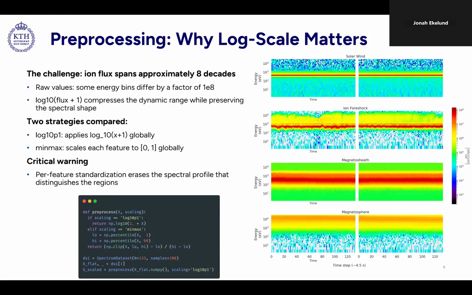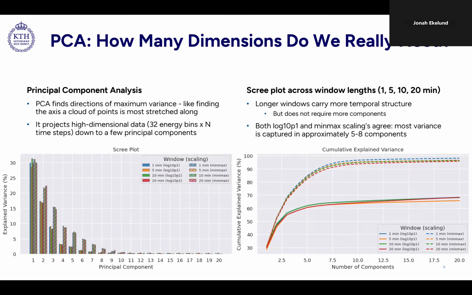So if we do the scaling and then apply a PCA, a principal component analysis, we get a number of features, with each feature having decreasing variance. Then we can also plot a scree plot, which plots how much of the data variance each feature explains.